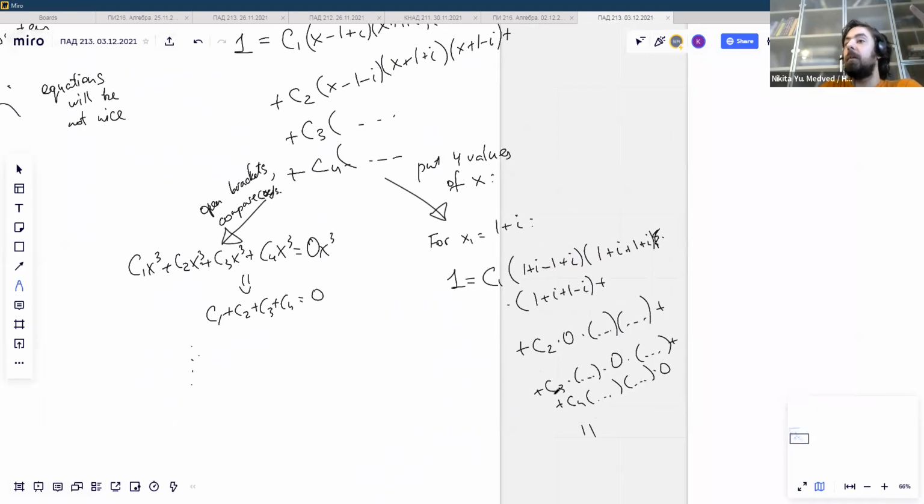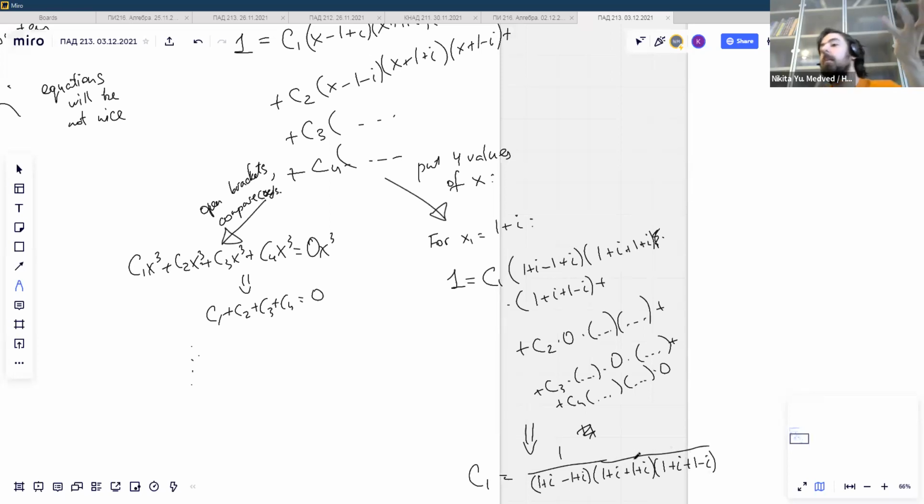Thus, this part vanishes, and we get that c1 equals 1 divided by this, this, and this. And all that remains is a problem of a simple computation. But I don't need to solve systems.